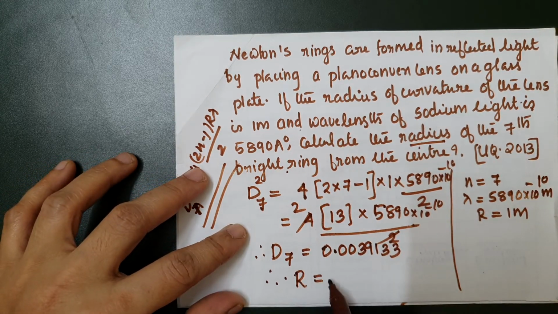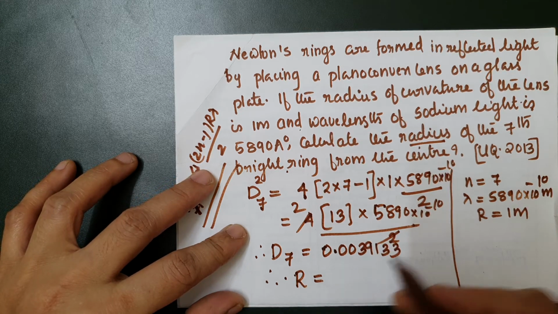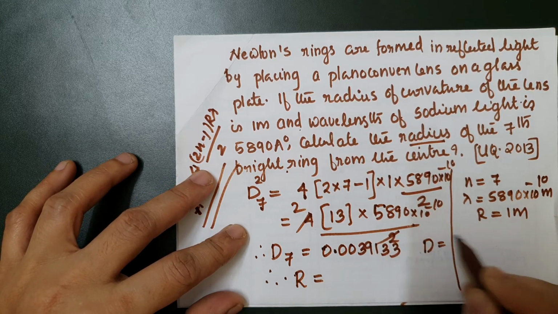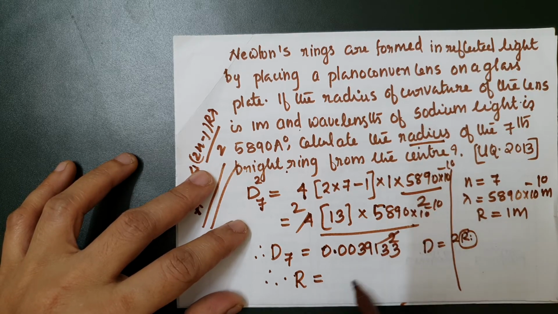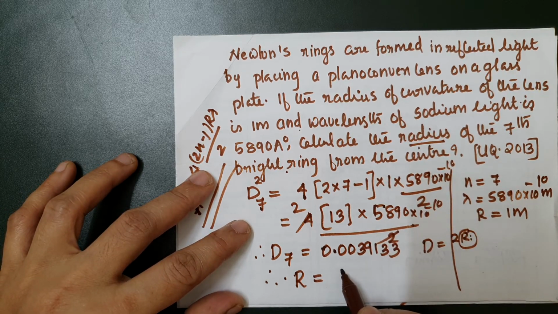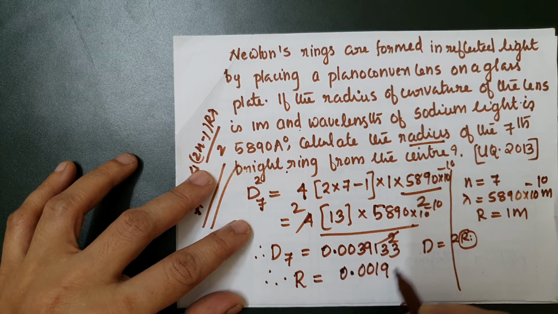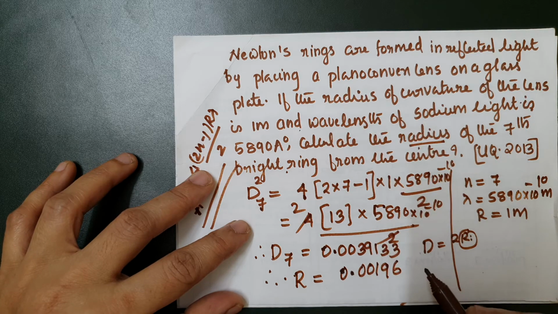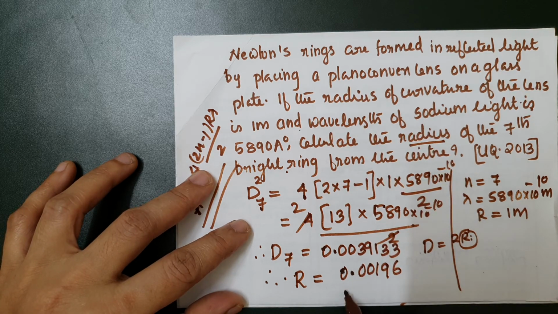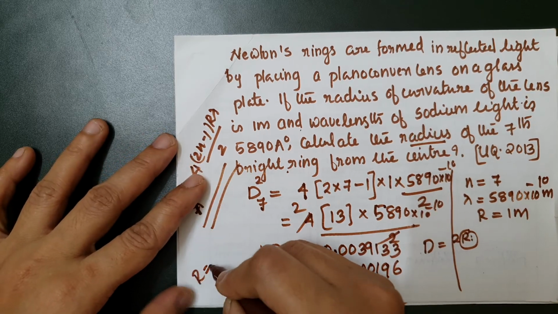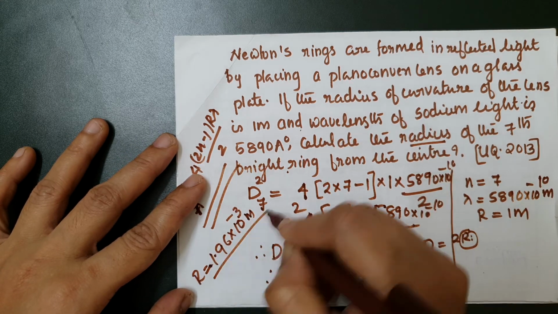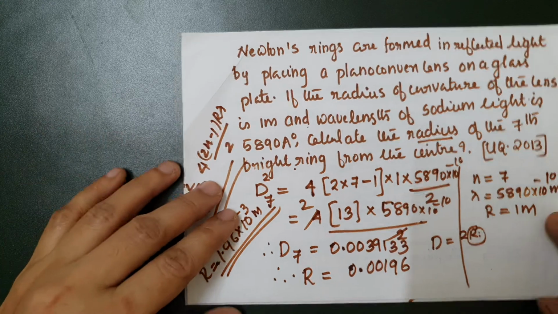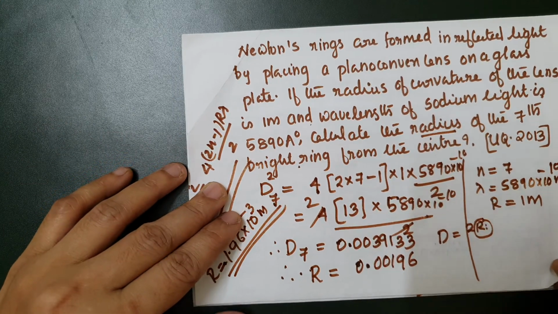Since d is equal to 2r, r is equal to d by 2. That will give 0.00196, or we can write r as 1.96 into 10 raised to the minus 3 meter. That is the value of the radius of the 7th bright ring.